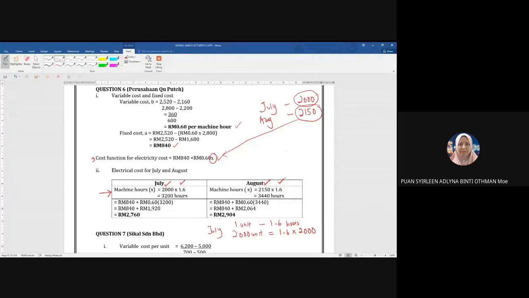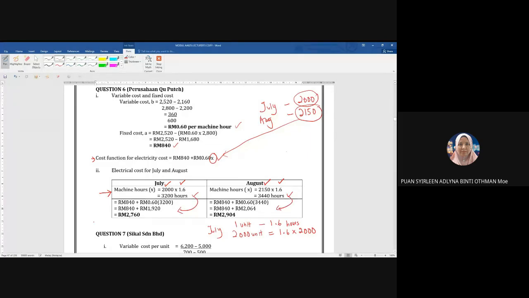So let's say you're not given machine hours, di dalam soalan seterusnya awak kena convert dululah, kena tukarkan dulu nilai yang diberi itu kepada machine hours, baru kita boleh gantikan dia ke dalam X. Okay, so untuk soalan ni dia punya cost driver ialah machine hours bukan unit produce ataupun production unit. Okay, so once you already have the machine hours, barulah you boleh gantikan dia ke dalam equation.